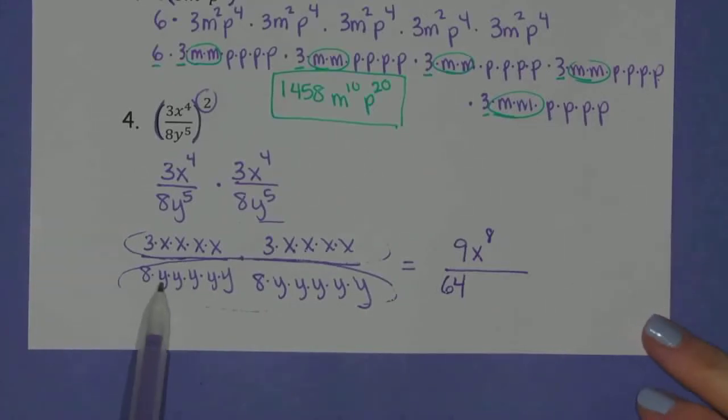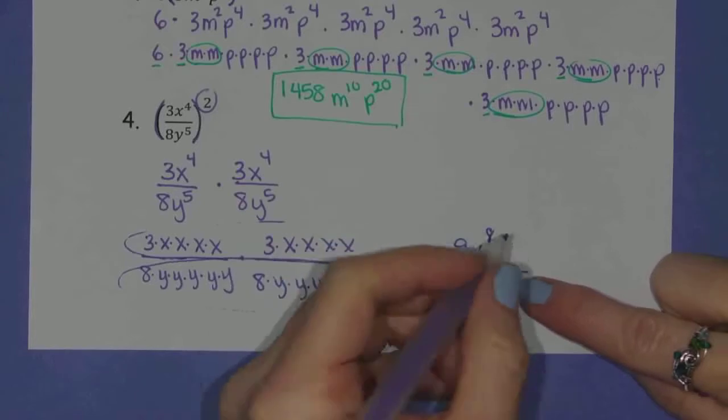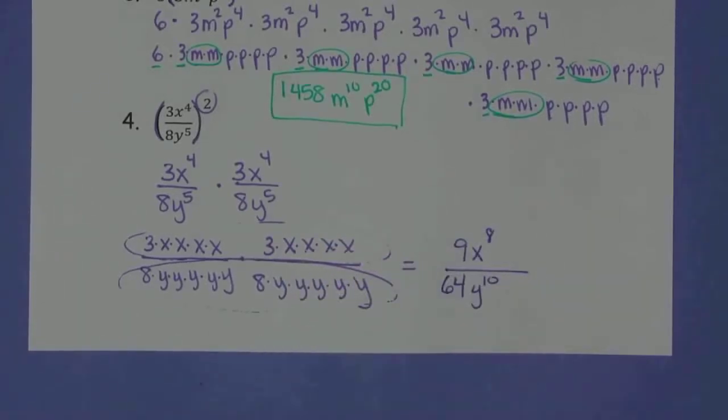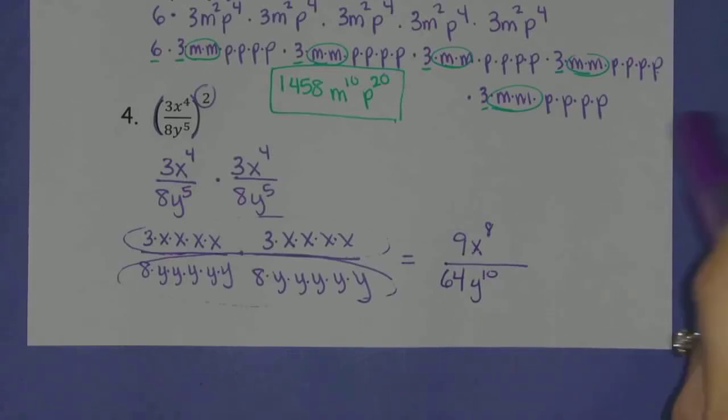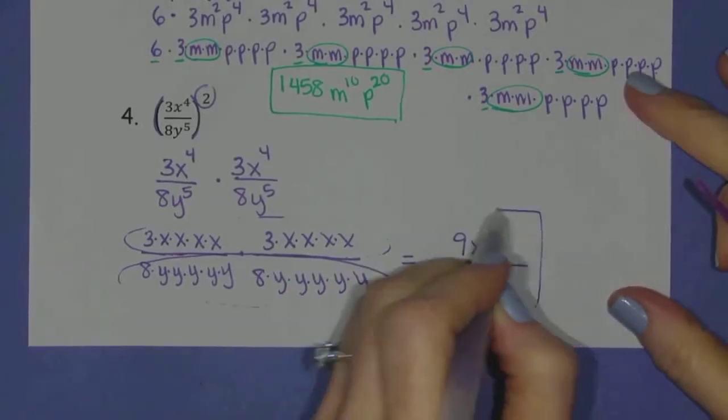Count your y's. 1, 2, 3, 4, 5, 6, 7, 8, 9, and 10. So 64y to the 10th. 9/64ths does not reduce. If it did, I would handle that. But 9 over 64 stays as it is. So this would be the final answer.